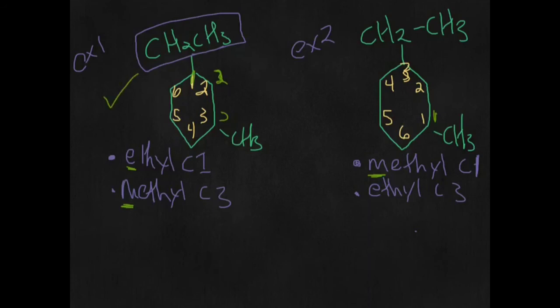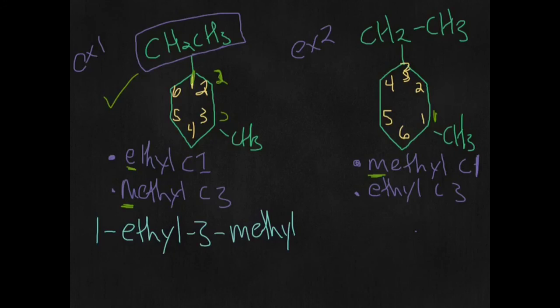Now we want to figure out how to write this out, so write it as 1-ethyl-3-methyl. The reason why we write 1-ethyl is because in position 1 there's our ethyl group, and in position 3 is where our methyl group is located.